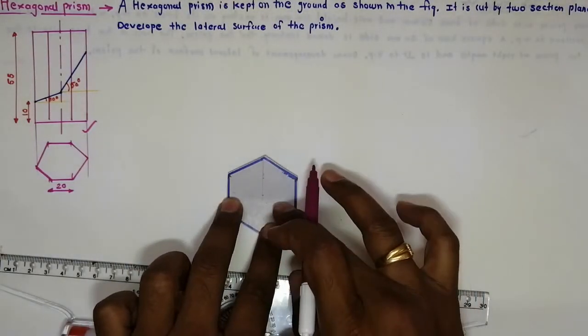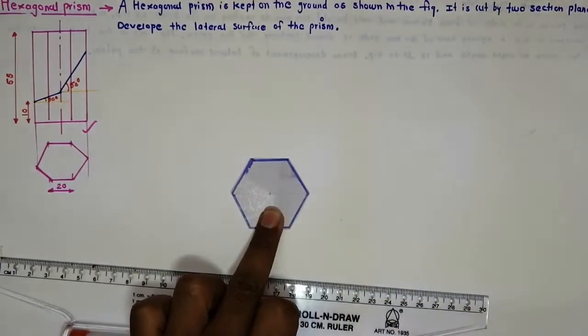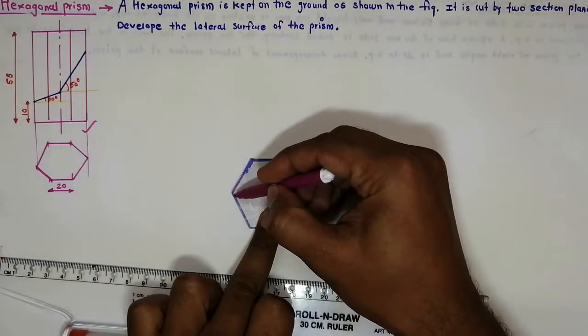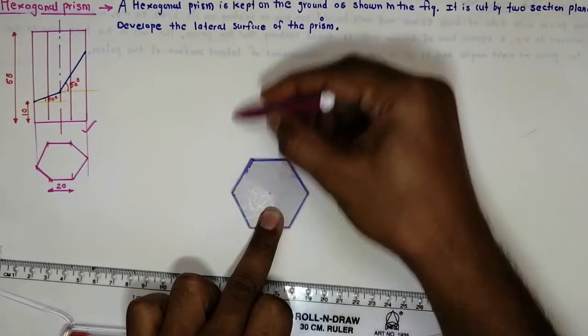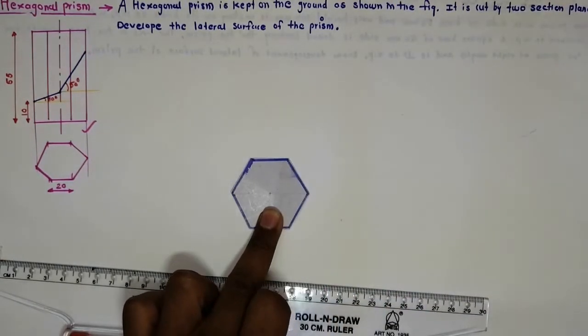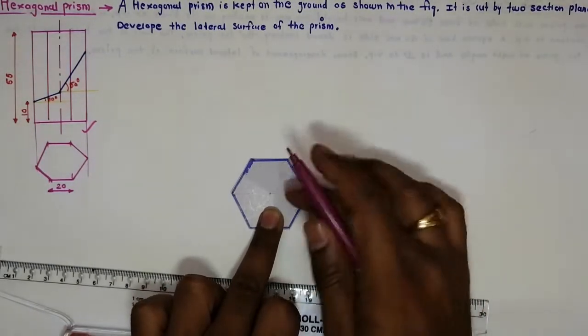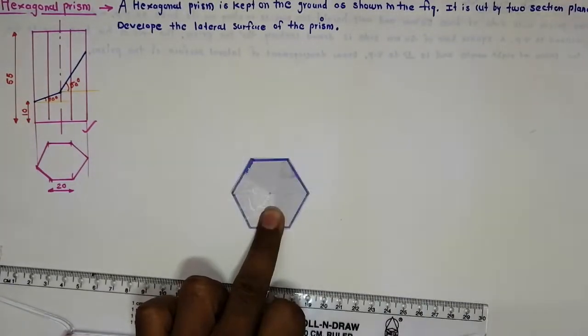So this is not the correct position. We will keep this hexagon on the corner, and the projections in the front view are 1, 2, 3 and 4. So we have to draw the top view of the hexagon resting on the corner. That we have to identify.